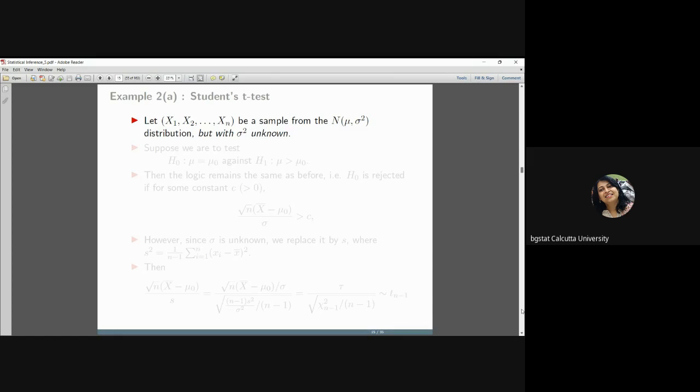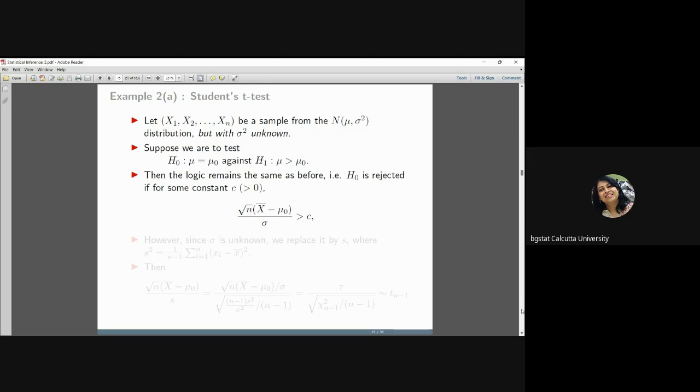So we need to generalize the test from the case where we have an underlying normal distribution. We still have the underlying normal distribution, but in this case, sigma square is unknown. So let me suppose that I want to test H naught, mu equal to mu naught against mu greater than mu naught.